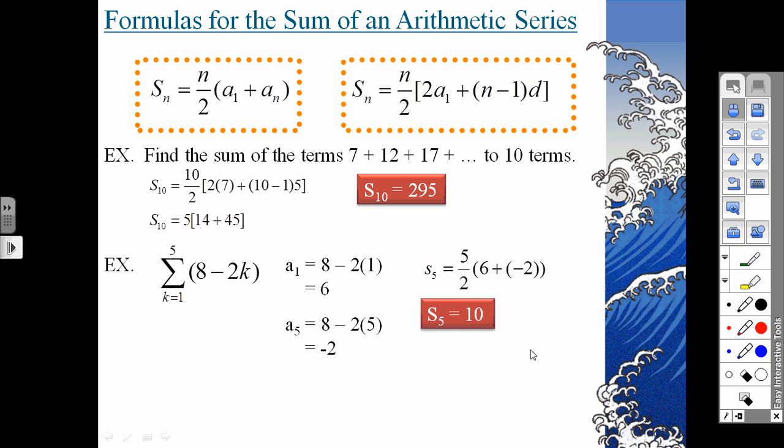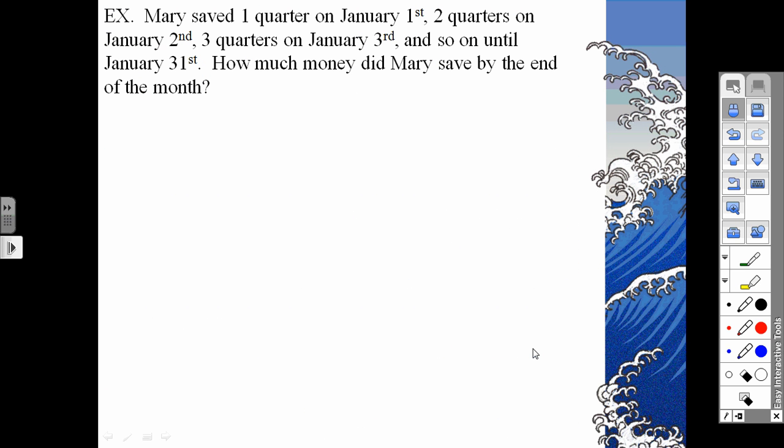All right, so that's how you would use either one of these two formulas, and we just have one last thing to work through, and that is a word problem, because I know how much you love word problems. They're actually not that bad. So if you look at this one, it says Mary saved 1 quarter on January 1st, 2 quarters on January 2nd, 3 quarters on January 3rd, and so on and so forth until January 31st. How much money did Mary save by the end of the month? Okay, well, I'm going to have to figure out which of our formulas you would want to use because it's definitely a sum.